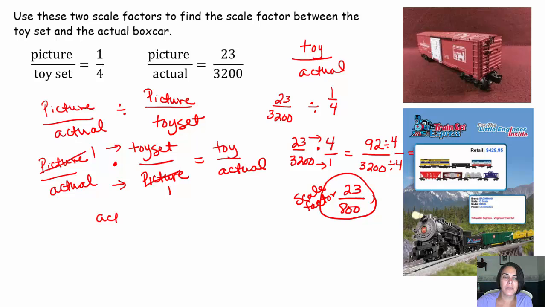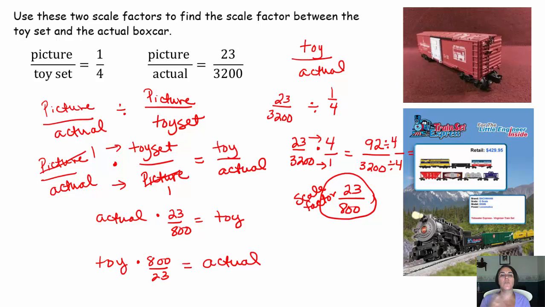So if you took your actual and multiplied that by 23/800ths, you would get the size of the toy, the length of the toy. And if you took the toy and divided by that, which is the same as multiplying by 800 over 23, it makes sense, you're going to multiply by 800, scale it up, and then divide by 23, and you'll be able to come up with the actual. Just want to make sure you really are understanding what scale factor means and how we use our scale factor to go from the actual to the toy or from the toy to the actual.